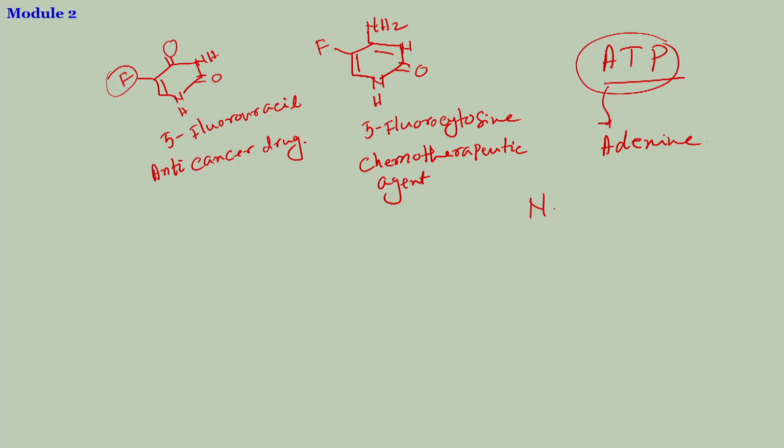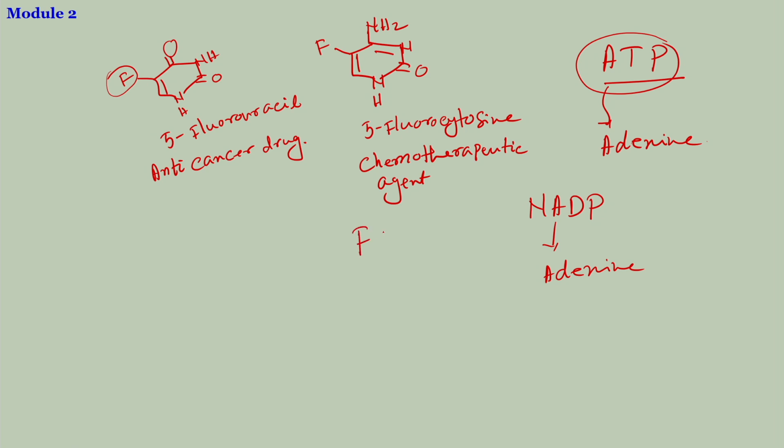Similarly, there are coenzymes present in our body which participate in many biological processes, many enzymatic reactions. One of them is NADP, nicotinamide adenine dinucleotide phosphate. Here also the same adenine or adenosine is present.